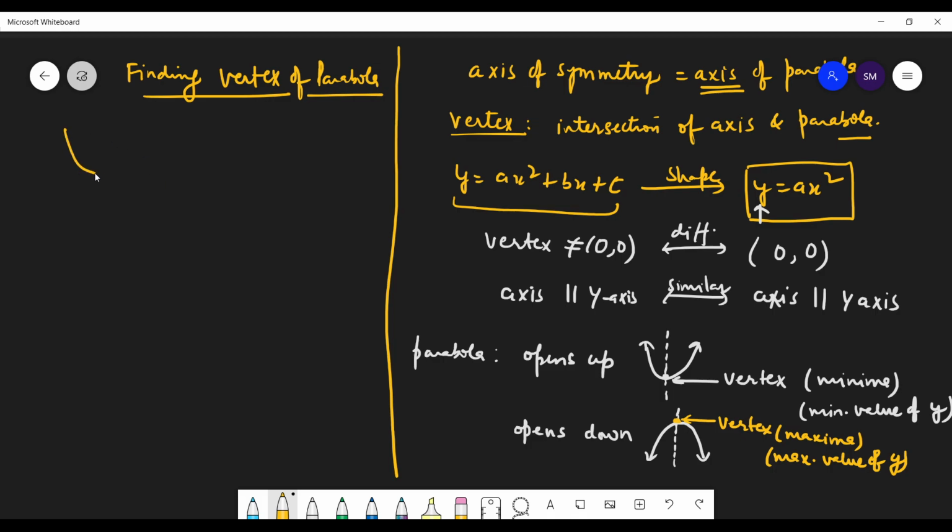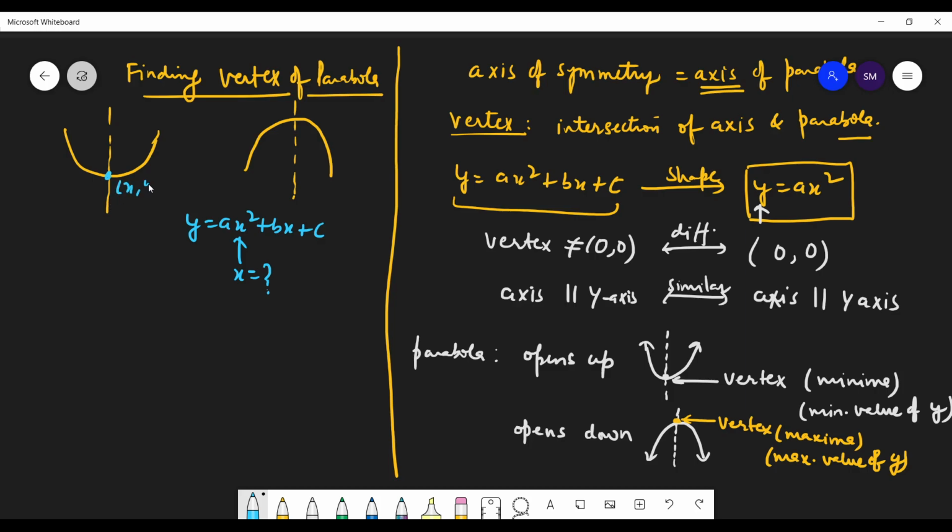Students, as you know, this parabola either opens up or opens down. To find the x coordinate of the vertex of the parabola, once we find the x coordinate, we put the value of x over here, and we will get the value of y. Isn't it?